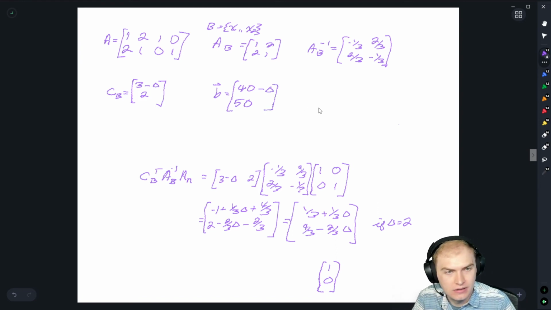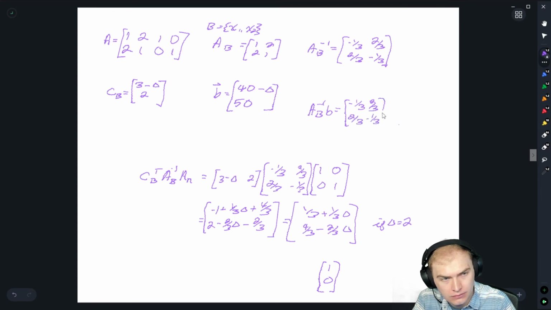and then take A inverse B, not transpose.